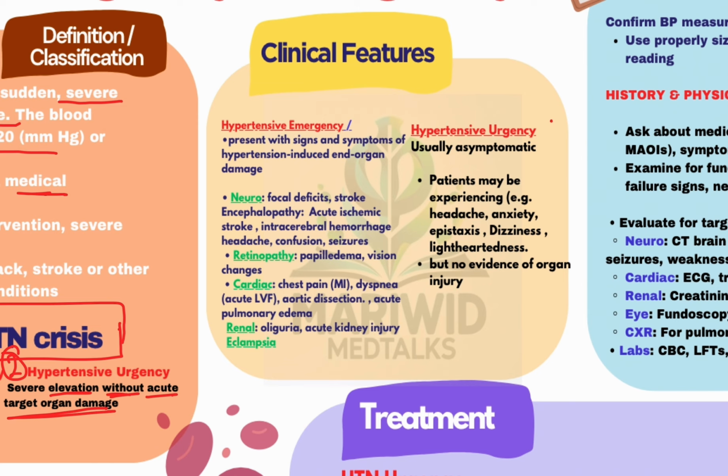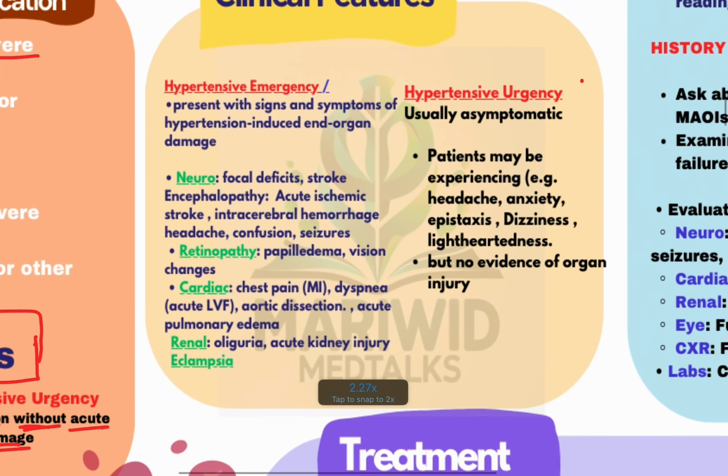Let's take a closer look at how to differentiate between hypertensive emergency and hypertensive urgency based on the associated symptoms. Hypertensive emergency presents with signs and symptoms of hypertension-induced end organ damage, as we said previously.